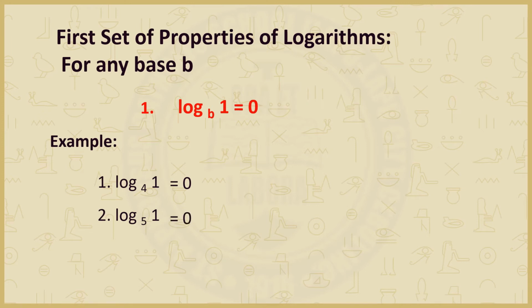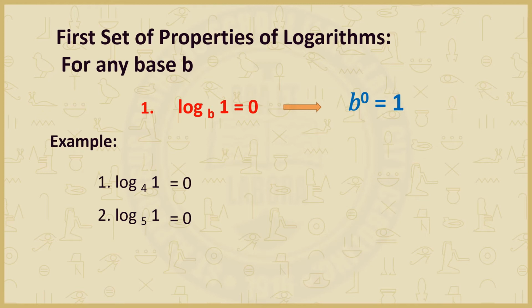Now, what makes this equal to 0? It is because the exponential form of the logarithm of 1 to the base b equals 0 is b raised to 0 is equal to 1, according to the zero exponent property, that a number raised to 0 is equal to 1.